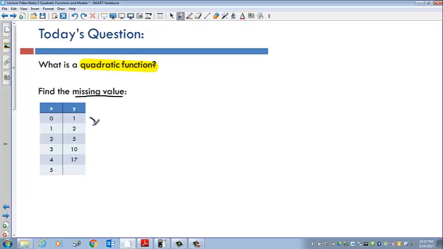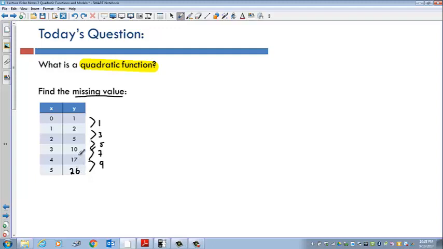This changed by 1, so you basically add 1. This one changed by 3, so you added 3 to get to the next one. Here, 5, and then here, 7. Then we could guess that probably here would be the number 9. So if you add 9 to 17, you get 26, and so on.